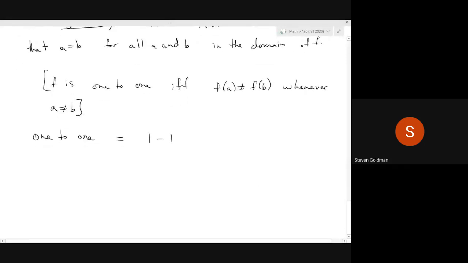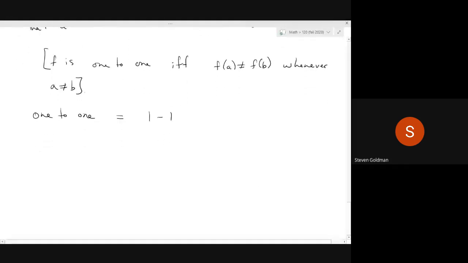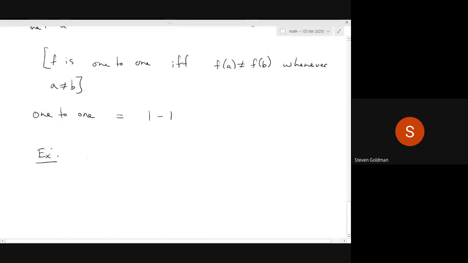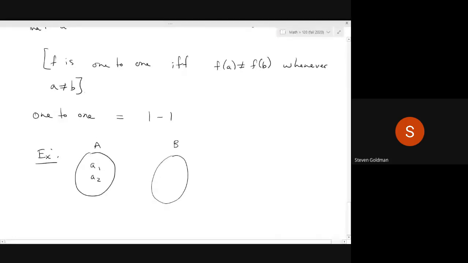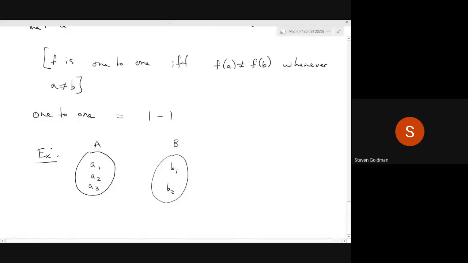All right, let me demonstrate what it means for a function to be one-to-one. Let's start with a Venn diagram. Let's say this is my domain A, this is my codomain B. A has three elements, a1, a2, a3, and B has two elements, b1 and b2.